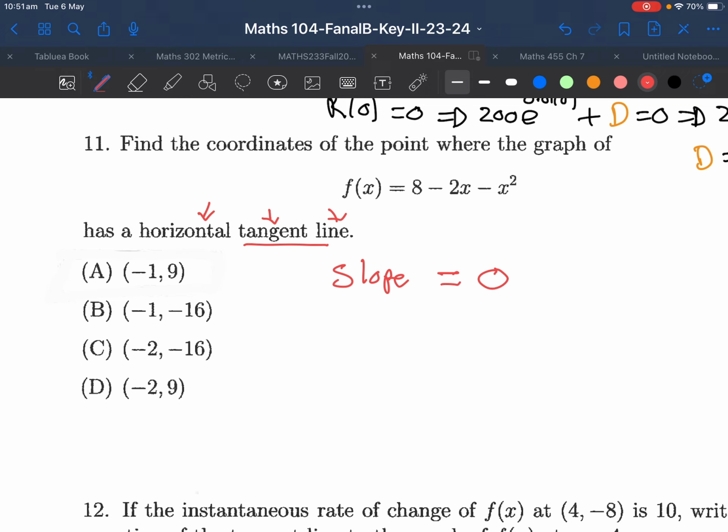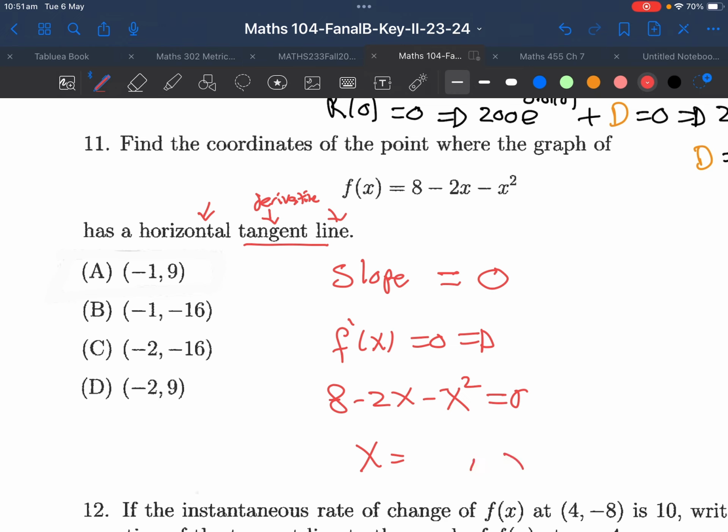Now, which slope? Slope of the tangent line. And remember, the slope of the tangent line means the derivative. So we need to find where f prime of x equals 0. And that means 8 minus 2x minus x squared equals 0. If we solve it, we are supposed to get two answers.